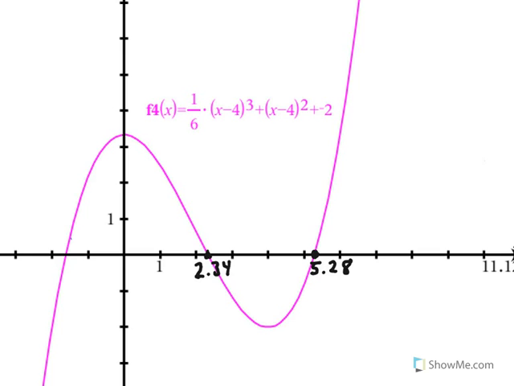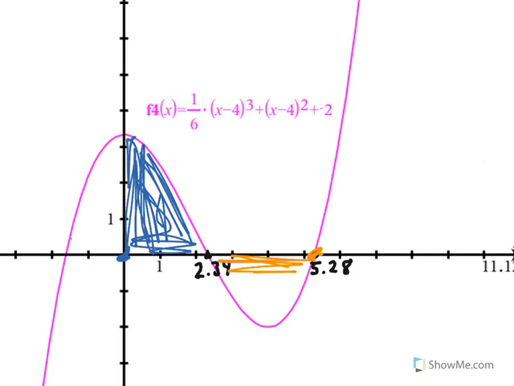Okay, so now let's say we wanted to find the total area from 0 here to 5.28 here. We would take this blue section plus this yellow section. We would need two separate integrals.